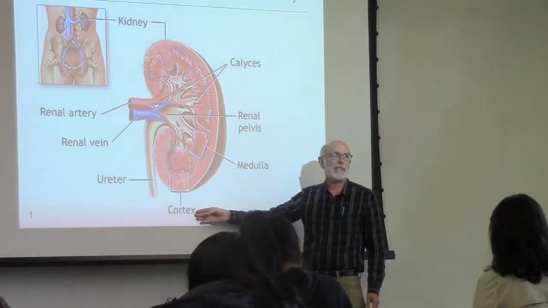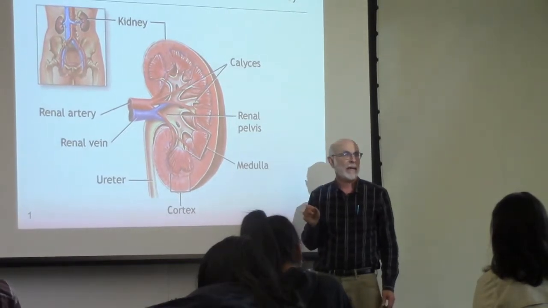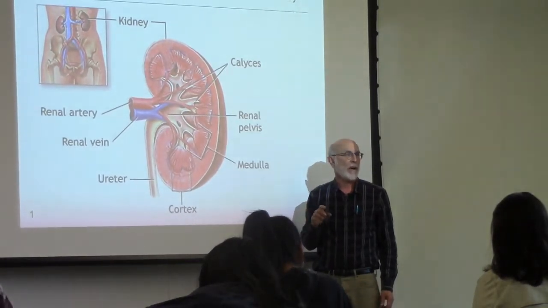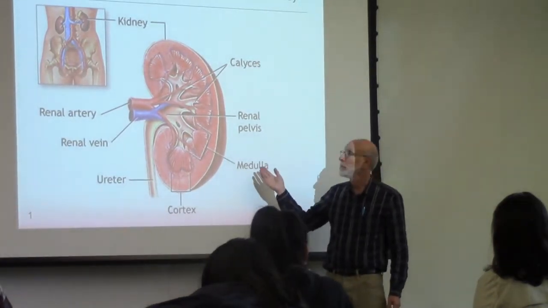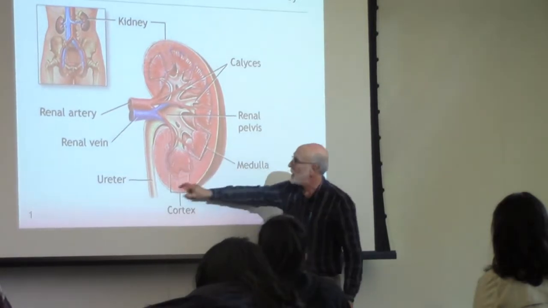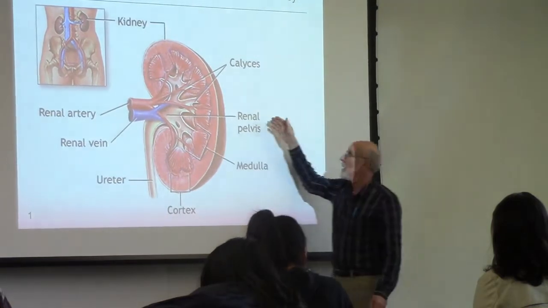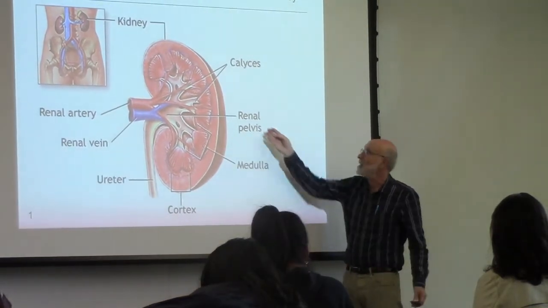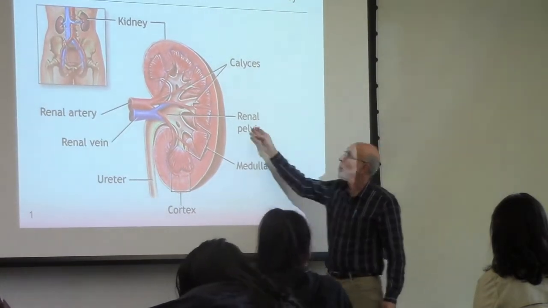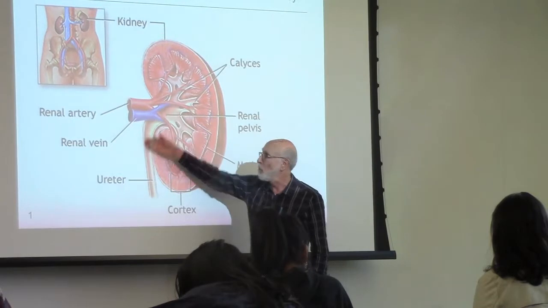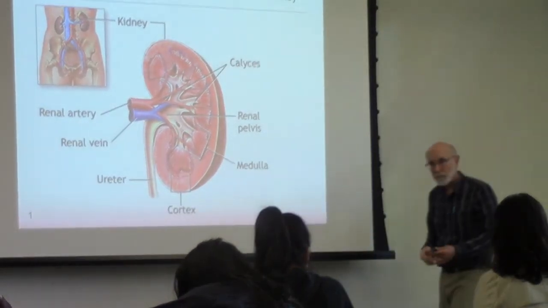Cortex, I think, is Latin or maybe Greek for rind, like the rind of an orange, and medulla is Latin, I think, for middle. Cortex, medulla, and then in the center is an area called the pelvis, but it's not the hip, it's the renal pelvis. And the renal pelvis is what's going to collect the urine before it goes into the ureter. So the pelvis is physically connected to the ureter.